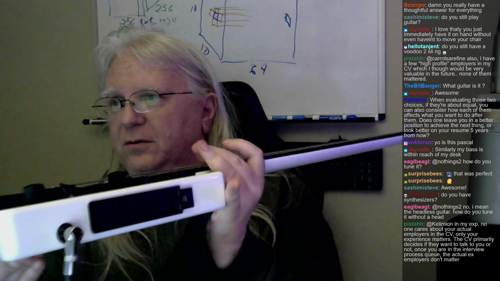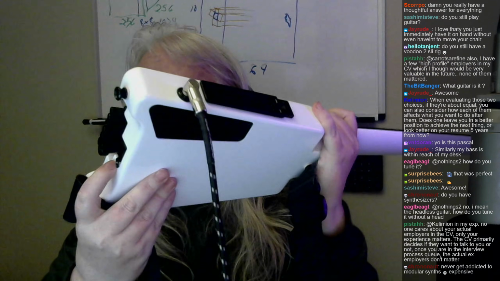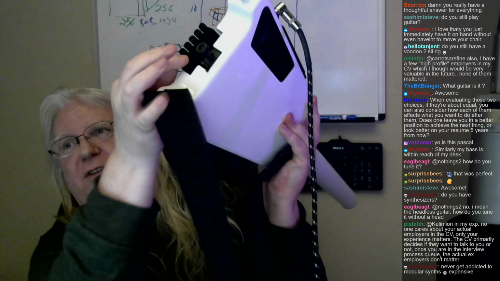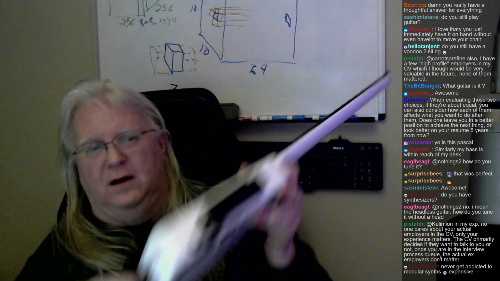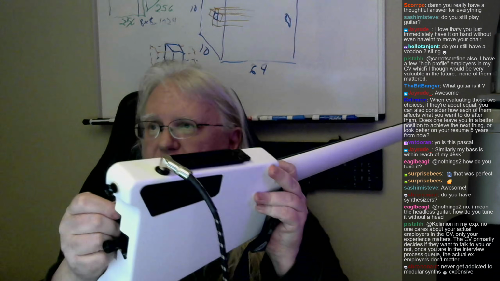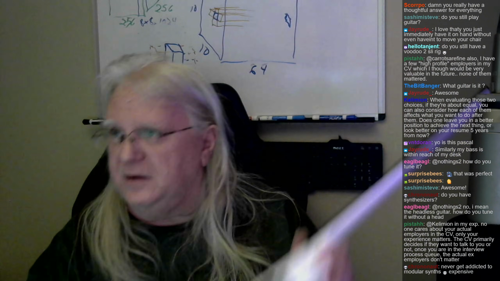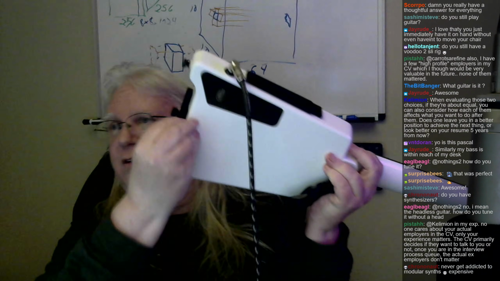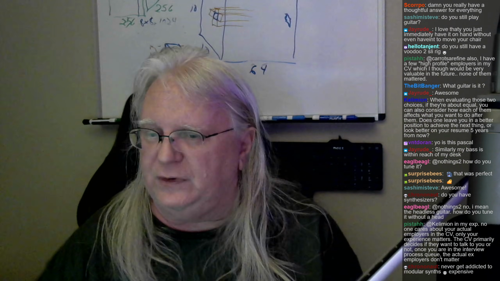The Steinberger Spirit, it's because it's black, it's hard to see. So it's got 6 little knobs right here that you turn to tune it. And then it's a floating tremolo that I never use. And there's another big knob here that tunes all of the 6 strings at once.